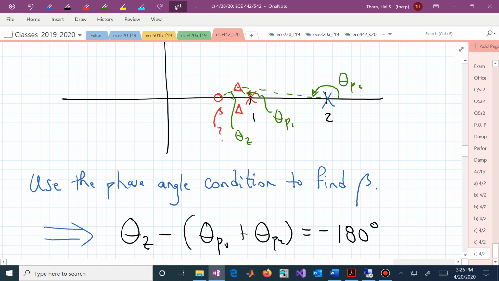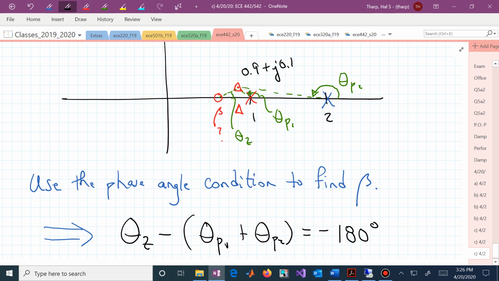And theta p1, I think we can see, because we located this z delta at 0.9 plus j 0.1, that triangle is 45 degrees if we measured it from the left real line segment from the pole at 1. So that's 45 degrees less than 180 degrees. Theta p1 is 135 degrees, 180 minus 45.